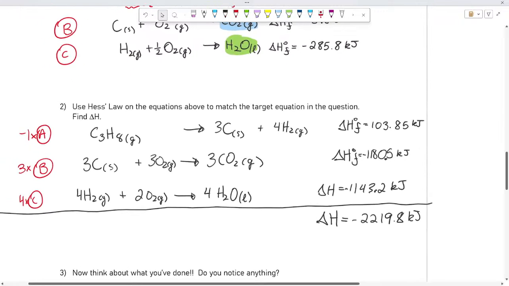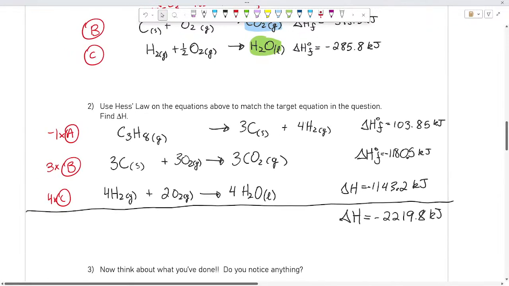What about the reaction? What cancels here? 3 carbons will cancel with 3 carbons. Good. Anything else? 4H2 will cancel with 4H2. And does anything combine?